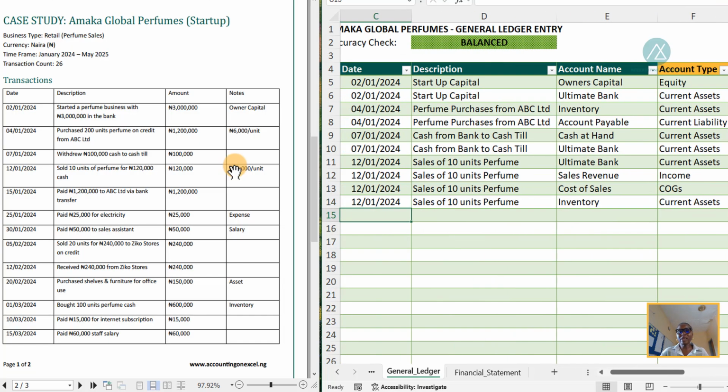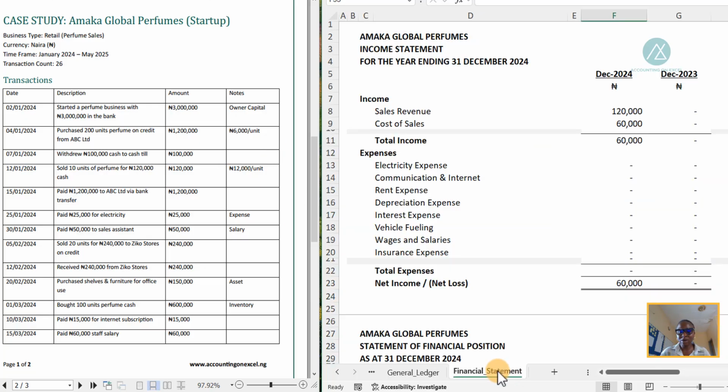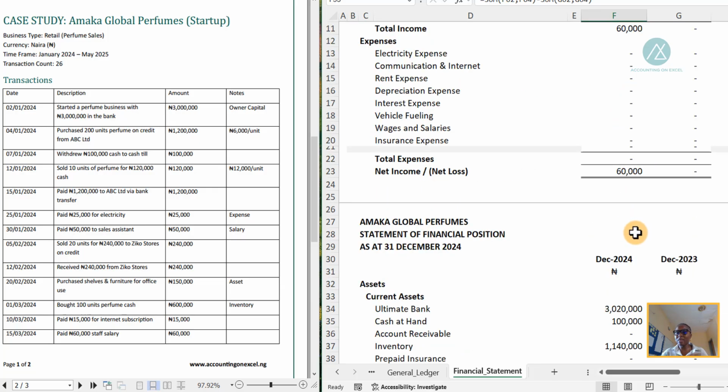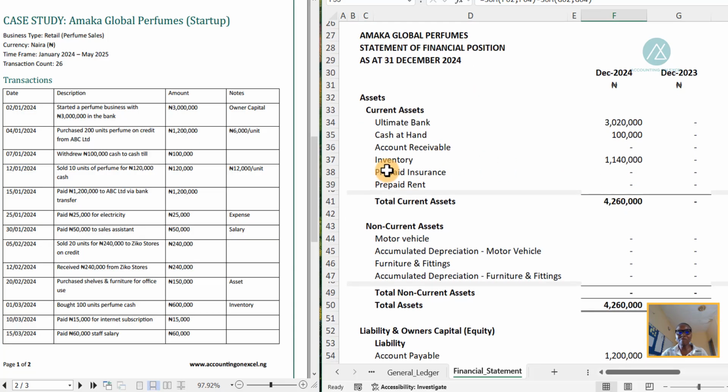All right. So let's see the financial statement and see how it does. So you see our cost of sales is 60 because we made sales. Mind you, if we had put that sales revenue without cost of sales, we'd be overestimating our profits, total income. You understand? Our total profit might still be the 120, but there is a cost of sales, right? Then remember your inventory has reduced.